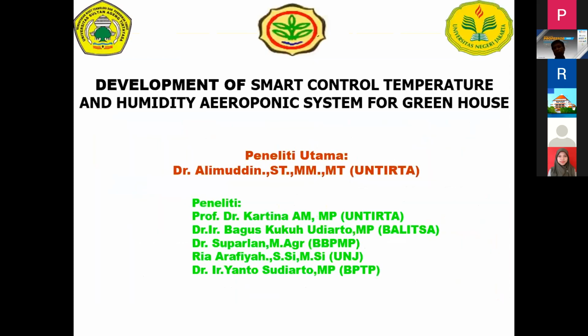Next is my research with the Ministry of Agriculture, a collaboration with one of the institutions of the Ministry of Agriculture in Indonesia. Together we built a smart control of temperature and humidity with an aeroponic system for greenhouse.